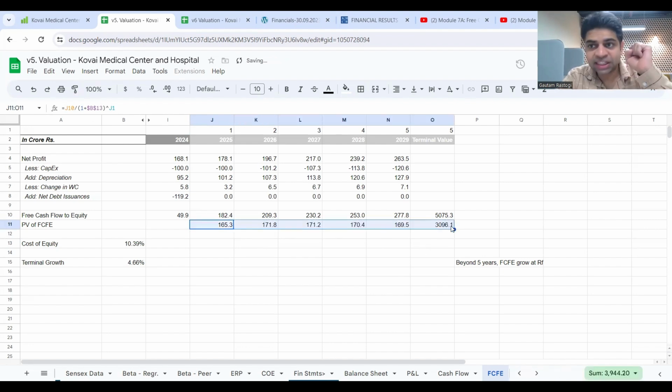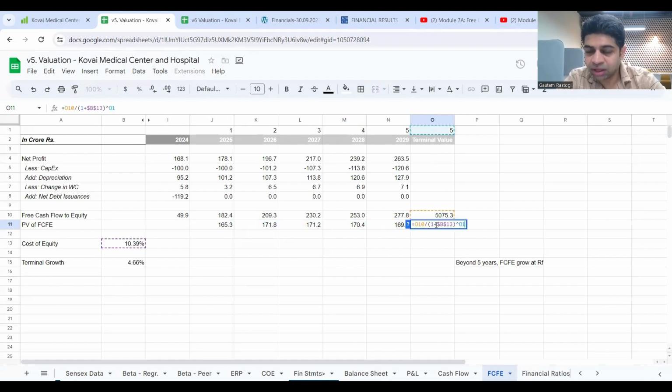Please keep in mind the terminal value when you discount it. The compounding, the year, should be 5 if your forecast period is 5. So in your discounting, sorry, I said compounding, in your discounting, here it should be 10.